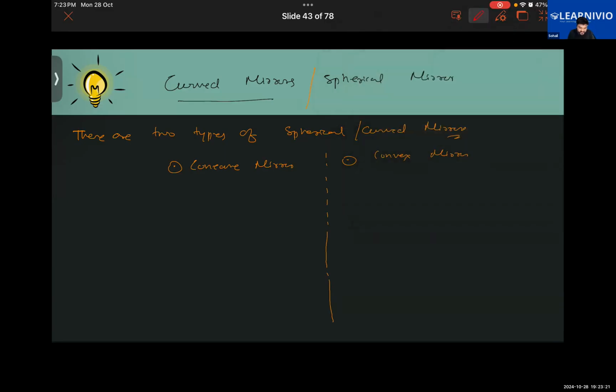When you look at the surface of the concave mirror, it is curved inward. It can form a real image, and it can also form a virtual image. For example, if you keep your hand in front of the concave mirror, a really big image of your hand will be formed. In the concave mirror, bigger images will be formed, right? So the concave mirror kind of looks like this.